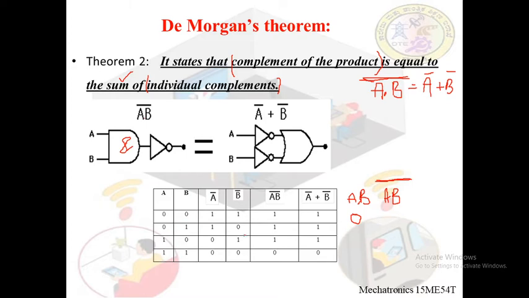Similarly 0 into 1 is 0. 1 into 0 is again 0. 1 into 1 is 1. Now we will complement this, that is, after passing through the AND gate, this gets complemented. 0 turns to 1, 0 turns to 1, 0 turns to 1 and 1 turns to 0. So this output we have tabulated here.